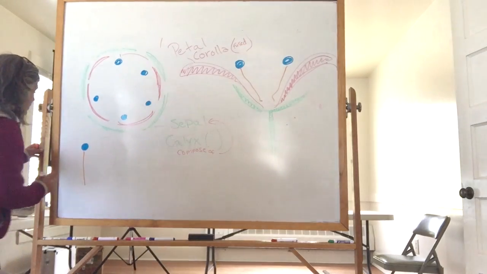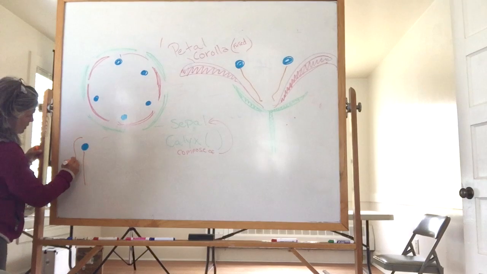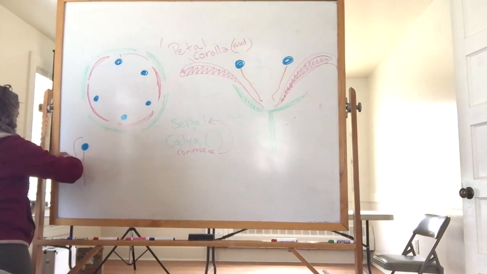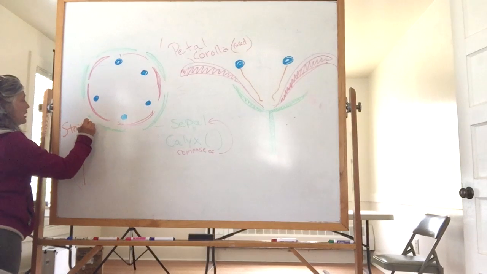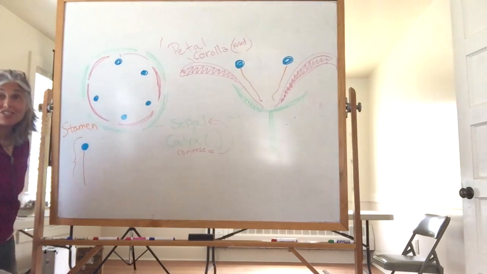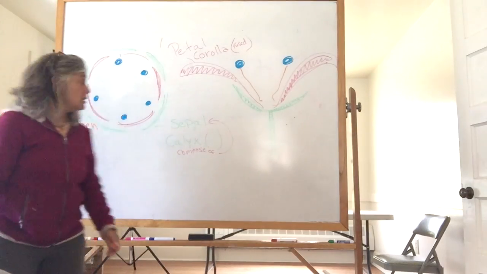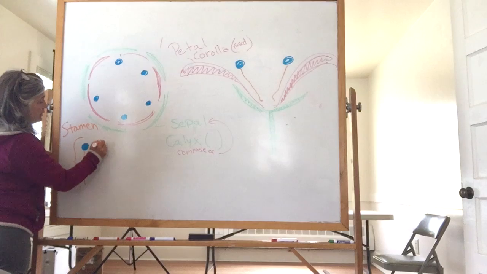Okay, so this is a stamen. The plural of stamen is stamens, like the plural of shamans. Shaman is shamans.